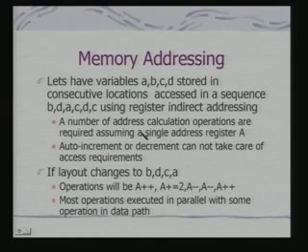You can understand this is a kind of abstraction. We are looking at a simplified version of the problem to understand its complexity and the way in which it can be tackled. So, a number of address calculation operations are required if we assume a single address register, and auto increment or auto decrement cannot take care of access requirements, simply because after a, it is not that you are accessing b, because b is placed after a.